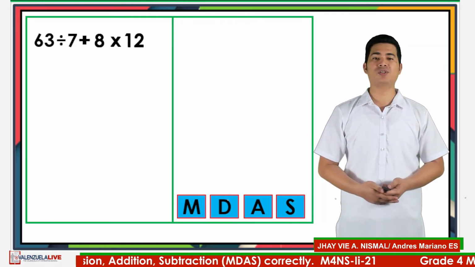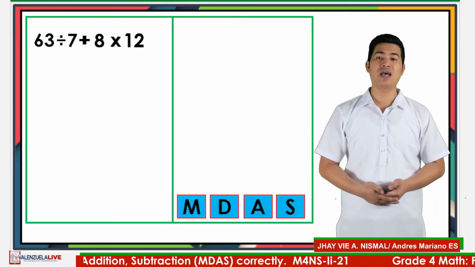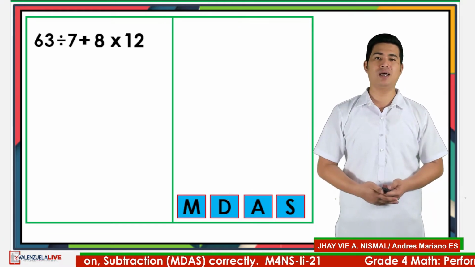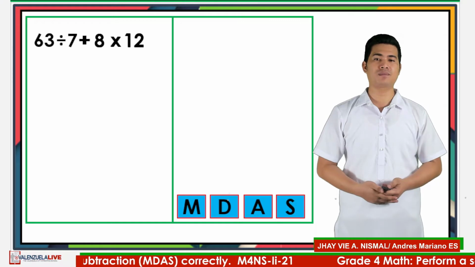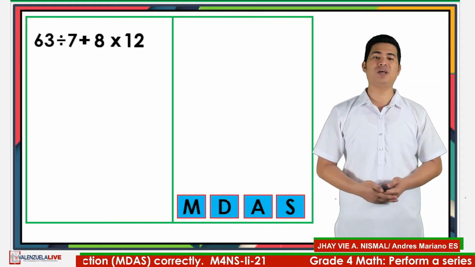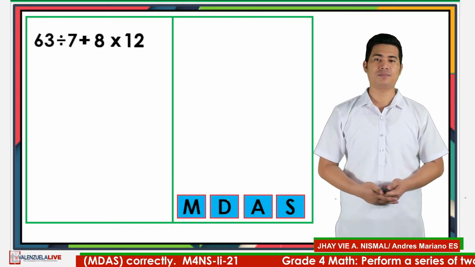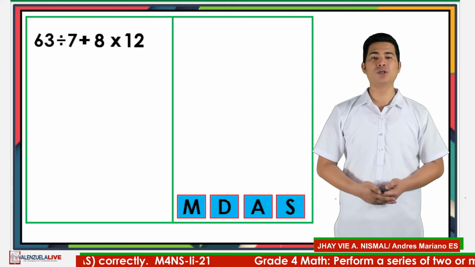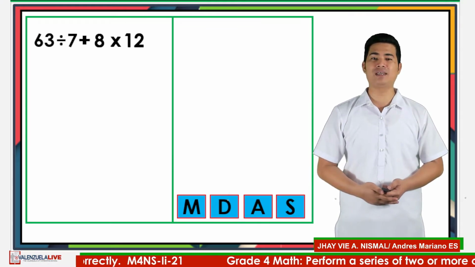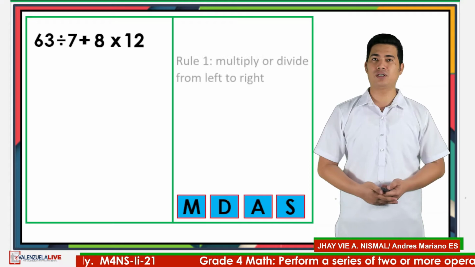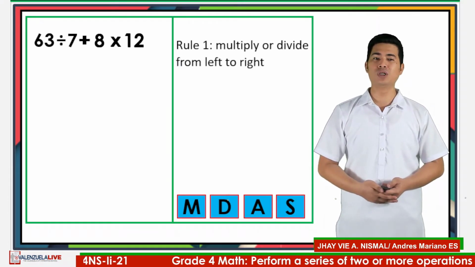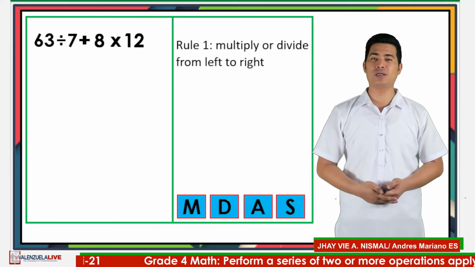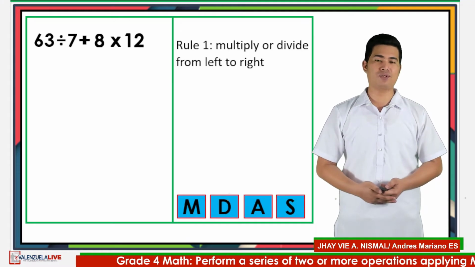What operations are given in the expression? Amazing! We have division, addition, and multiplication. What operation must be done first? Why? The rule says, multiply or divide first before adding and subtracting. Furthermore, the rule says, multiply or divide first in the order as they come from left to right.